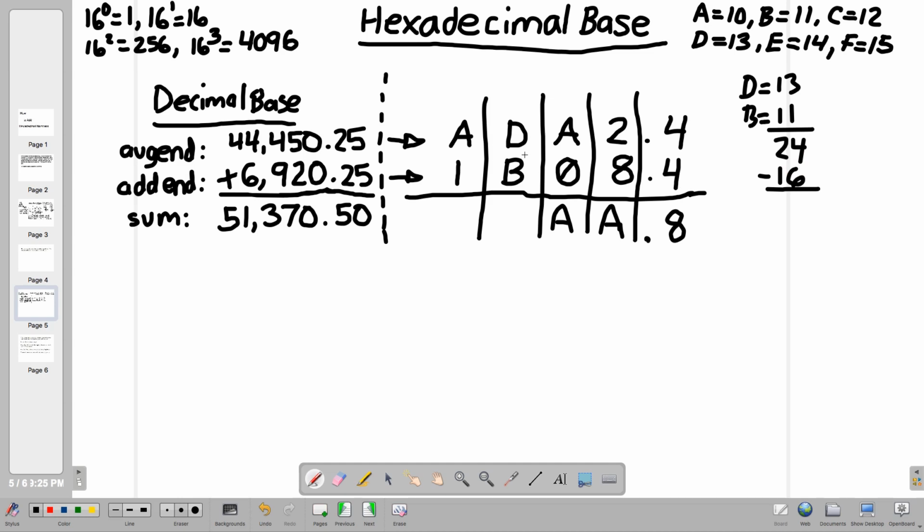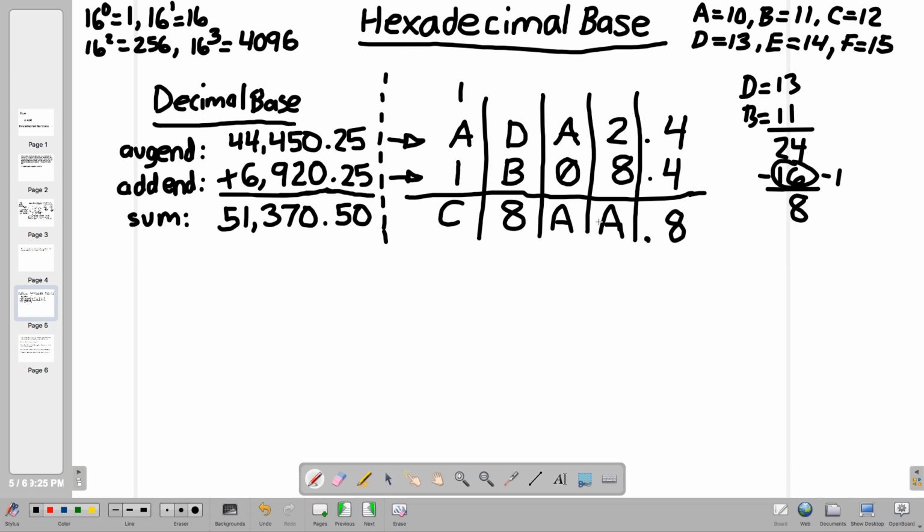That's a value of 8. And we said that this 16 here is really our carry, so that represents 1. So in the previous column, 1 goes here, and the 8 goes here. So in the next significant column, we have 1 plus A plus 1 is a value of 12, and that's represented as C in hexadecimal.